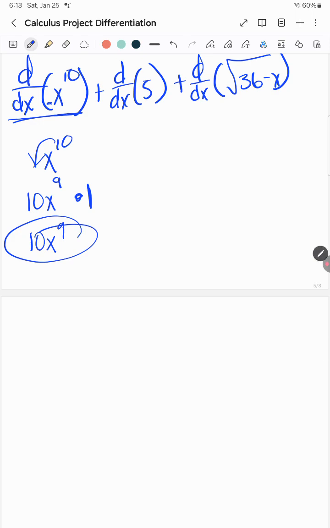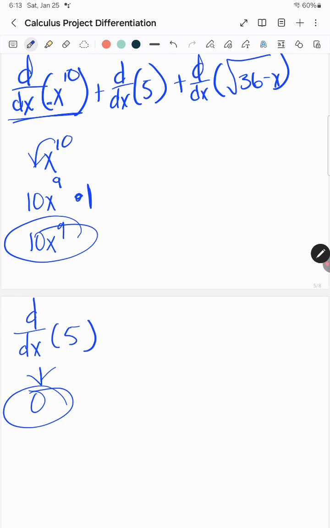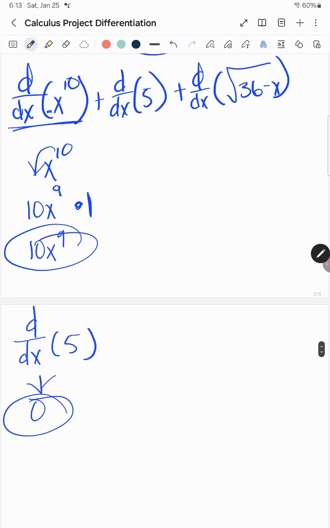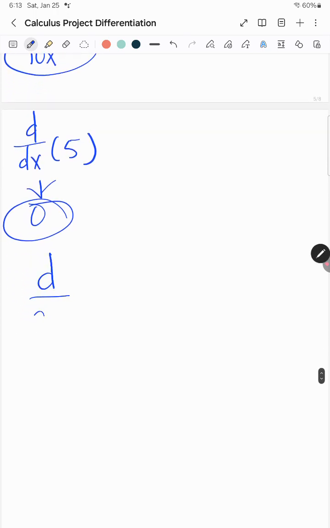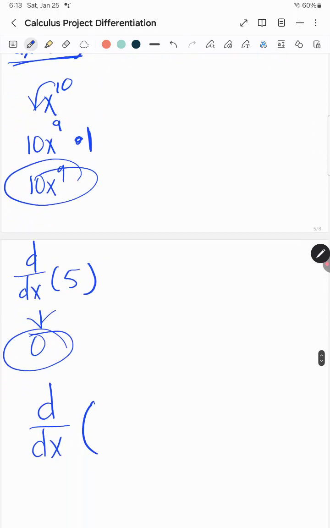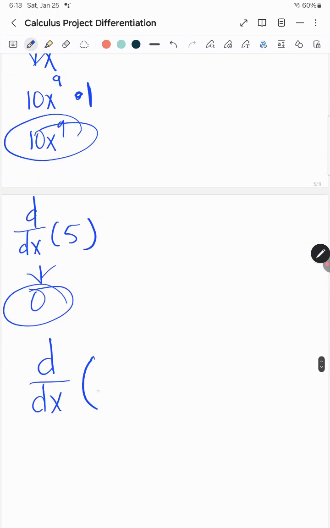Our next term is going to be the derivative of the constant, which is 5. It doesn't really matter what the constant is because the derivative of a constant is always going to equal the same thing, and that's 0. So this is our final answer for the second term, and we're going to have our last term, which is the derivative of the square root of 36 minus x.